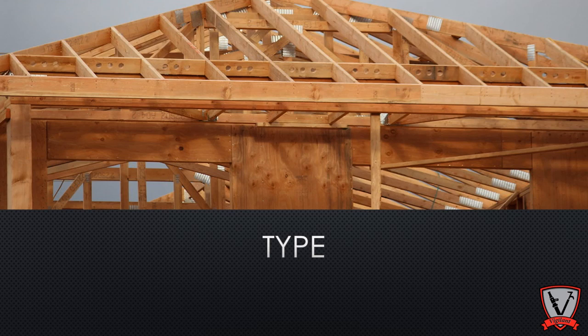Is it a type 3 ordinary building where we know that fire can travel in void spaces relatively easily? Or is it a type 5, lightweight frame construction building that has a potential for collapse and injuring our firefighters? We want to know how that building type is going to interact with the situation that we have in front of us and how we're going to attack that situation.